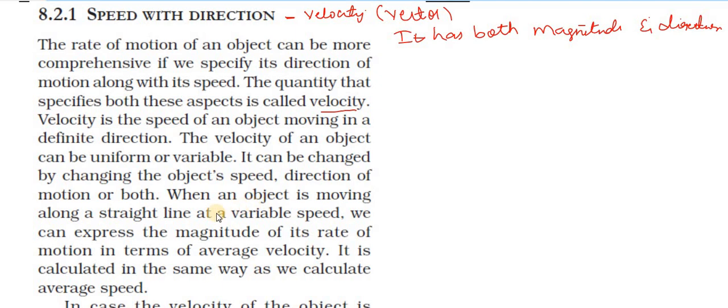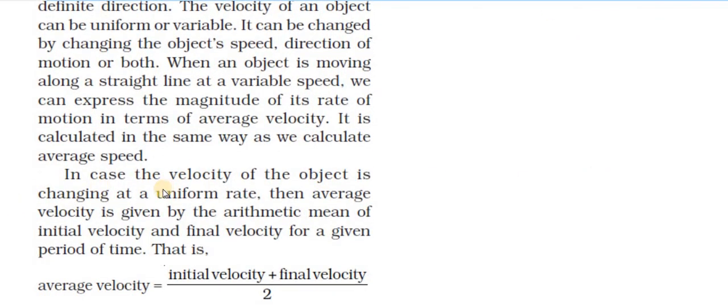When an object is moving along a straight line at a variable speed, we can express the magnitude of its rate of motion in terms of average velocity. It is calculated in the same way as we calculated the average speed. In case the velocity of an object is changing at a uniform rate, then the average velocity is given by the arithmetic mean of initial and final velocity over a period of time.